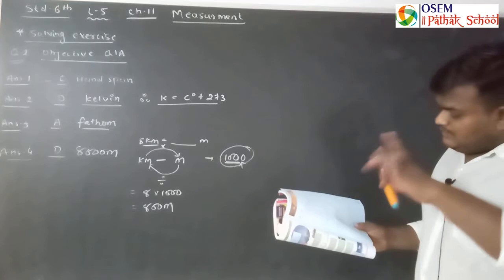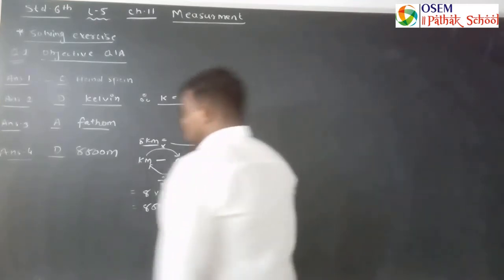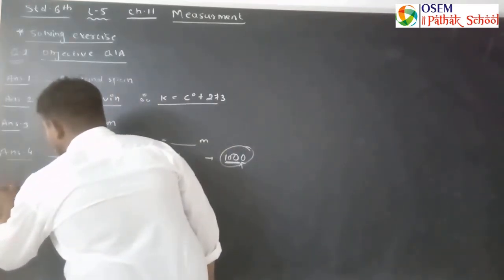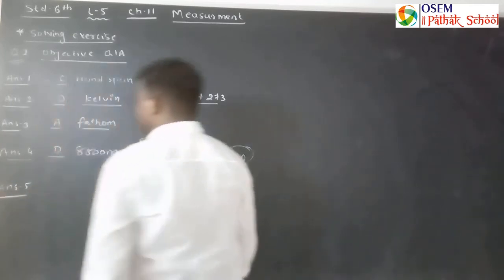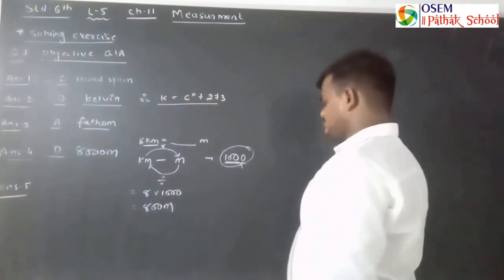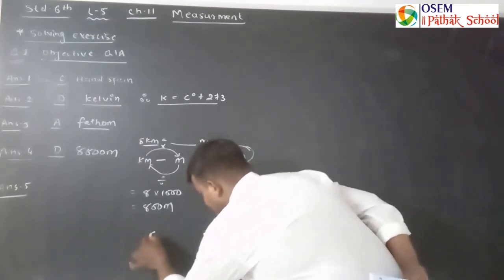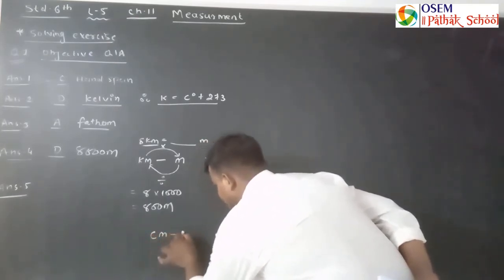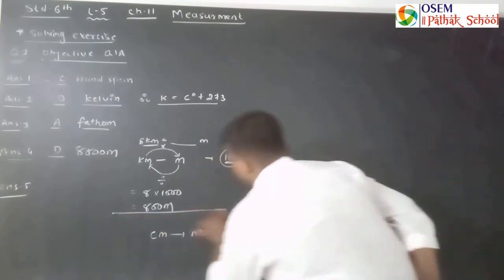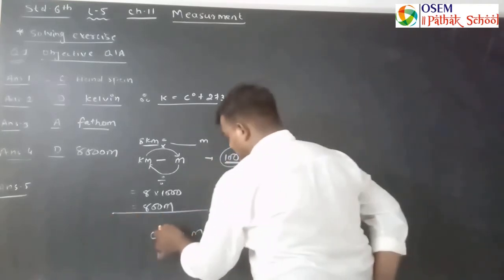Now answer number 5: 350 centimeter is equal to, and the options are given in meter. So here we have to convert centimeter to meter. This is smaller, this is bigger.